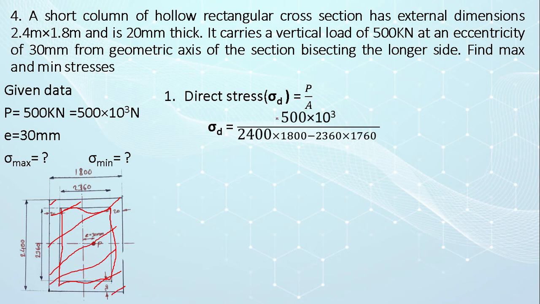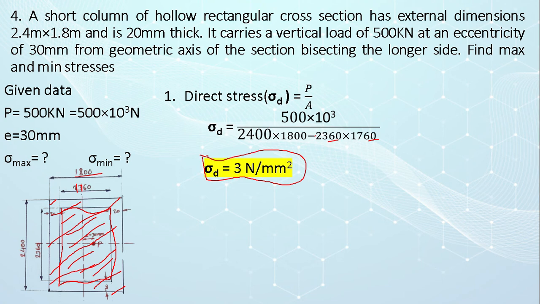So sigma D is equal to P, 500 into 10 raised to 3, divided by the whole area 2400 multiplied by 1800, minus the area which we will subtract, 2360 multiplied by 1760. It gives direct stress equal to 3 Newton per mm square.